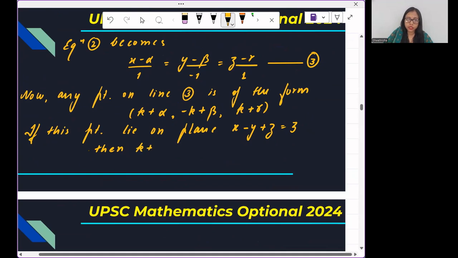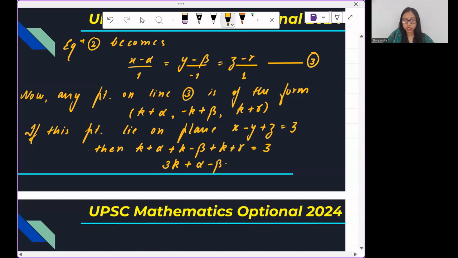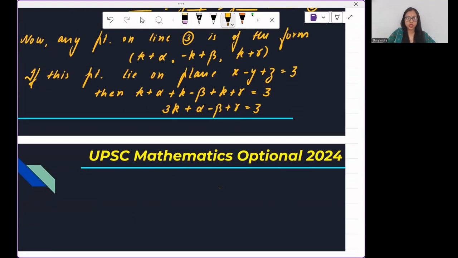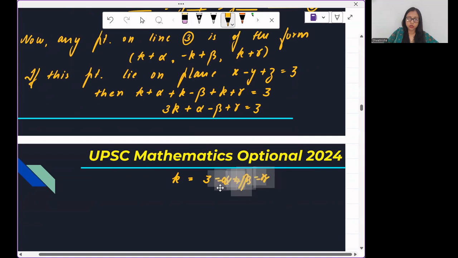Then k plus alpha, minus, so plus k minus beta, plus k plus gamma is equals to 3. So 3k plus alpha minus beta plus gamma is equals to 3. So what is k? k is 3 minus alpha plus beta minus gamma, divided by 3.